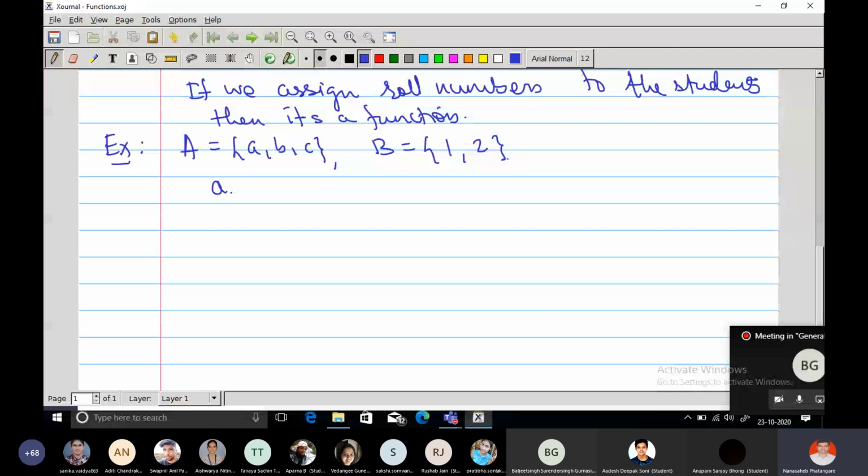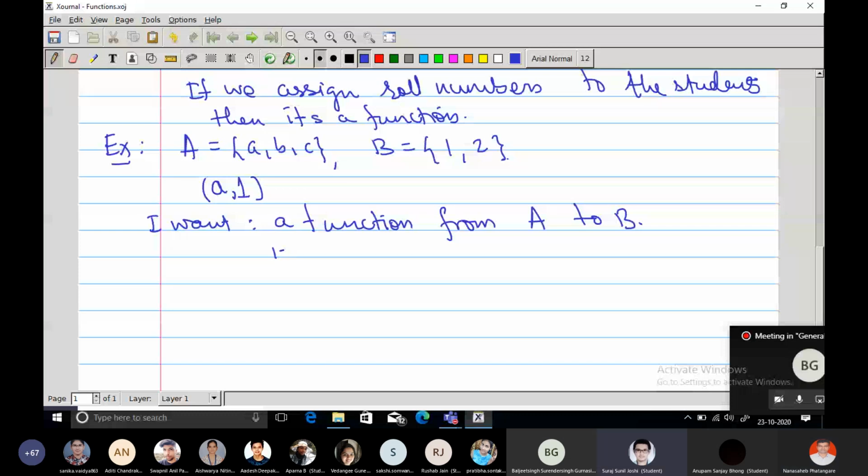Because I am assigning a with 1, what I want is a function from A to B. A to B means I want to assign elements of A with elements in B.